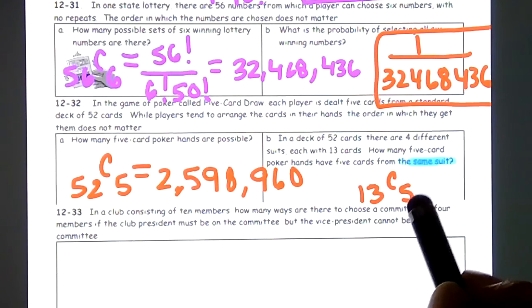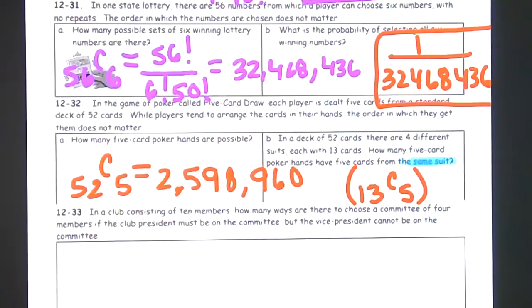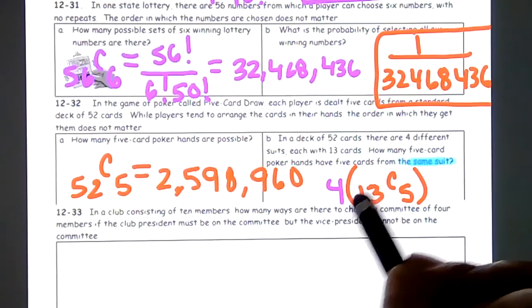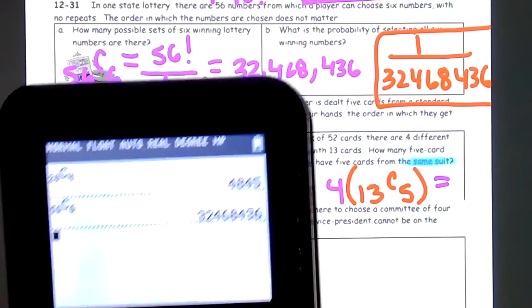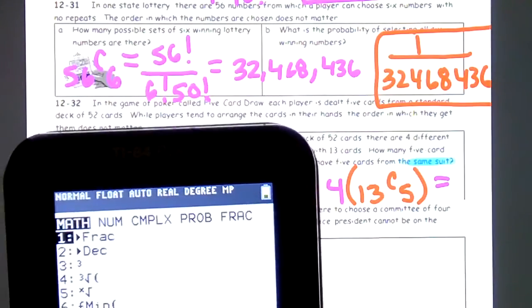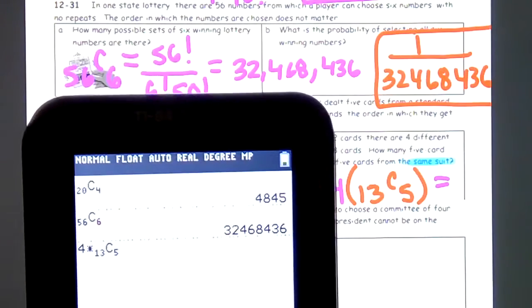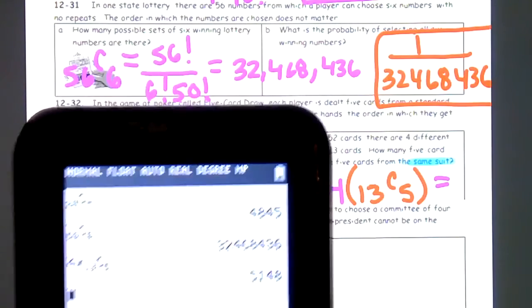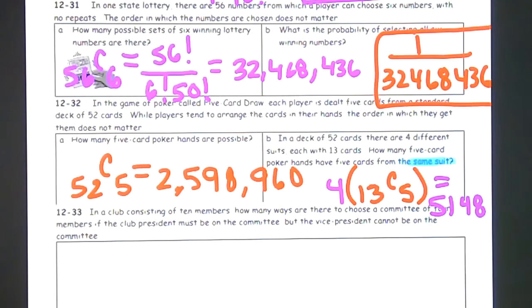There are 4 suits, so I'm going to take this answer and multiply it by 4. So I'm going to take 4 times 13 choose 5. And when I do that, I get 5,148 different ways.